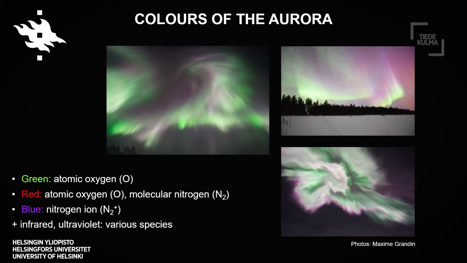As you can see from those pictures, and maybe you have seen also in real life, the aurora has several colors, but not any color. The reason for that is that it really depends on which atmospheric constituent gets excited. A given constituent can only emit certain types of photons. For instance, atomic oxygen can emit green or red auroral emissions, whereas if you see blue aurora, it's coming from the nitrogen ion.